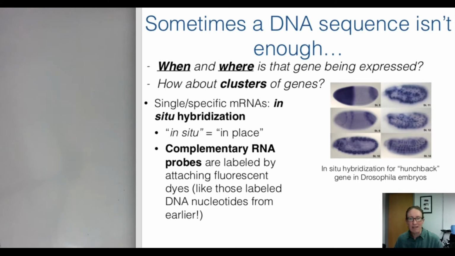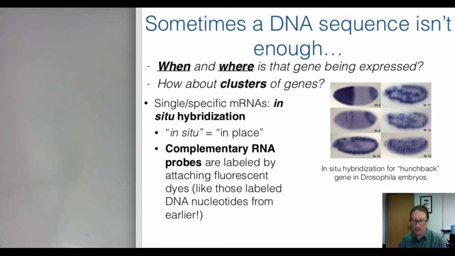And so a method for tracking down where and when genes are being expressed is a technique that's called in situ hybridization. And the way this method works is basically you develop an RNA probe, so an RNA sequence of known sequence that is complementary to the messenger RNA produced when that gene is expressed.